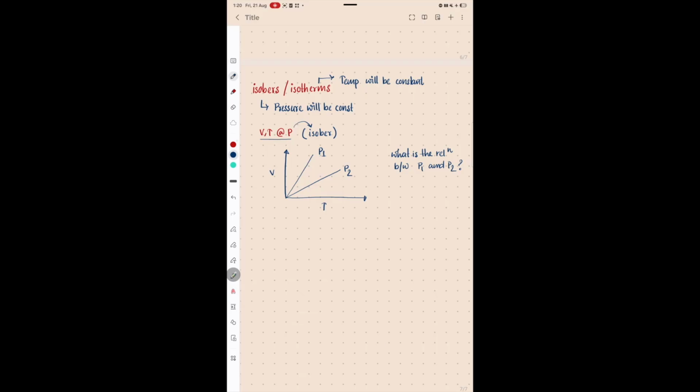So let's say if I draw a straight line here, let's say this is my point V1 and this is my temperature T1, right? And this is your volume V2, right? Now at T1, V1 is greater than V2, right?